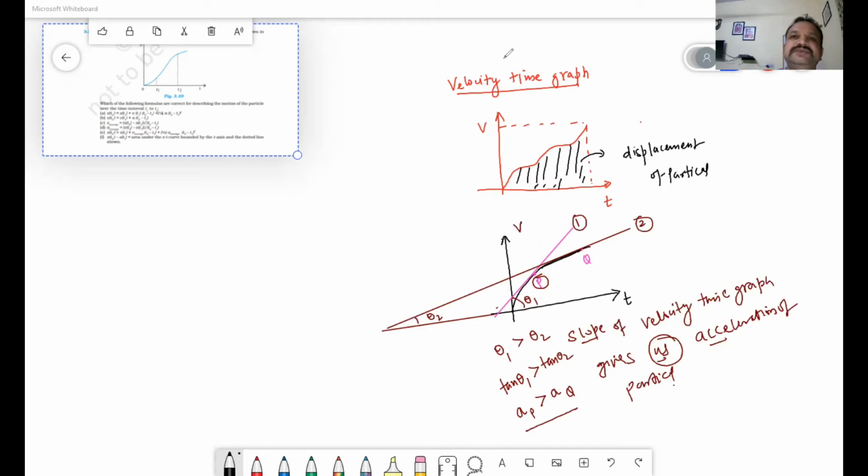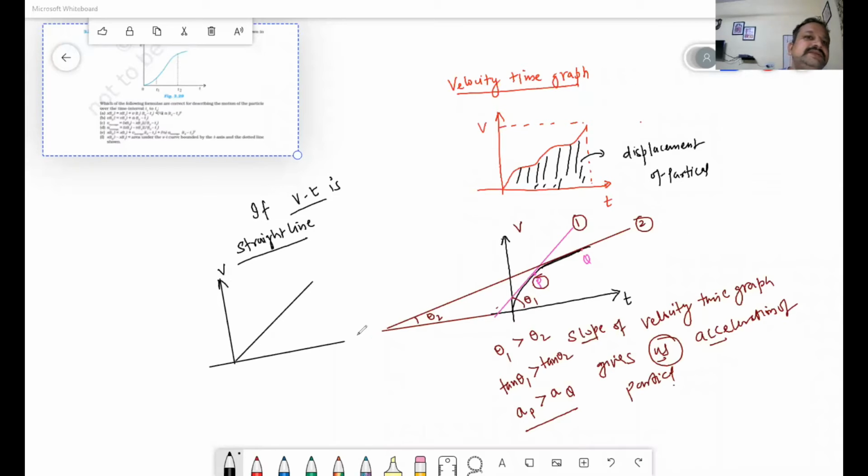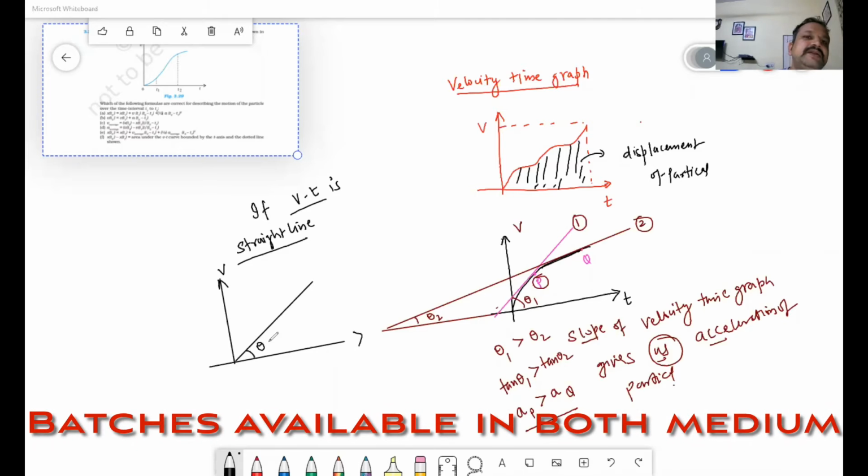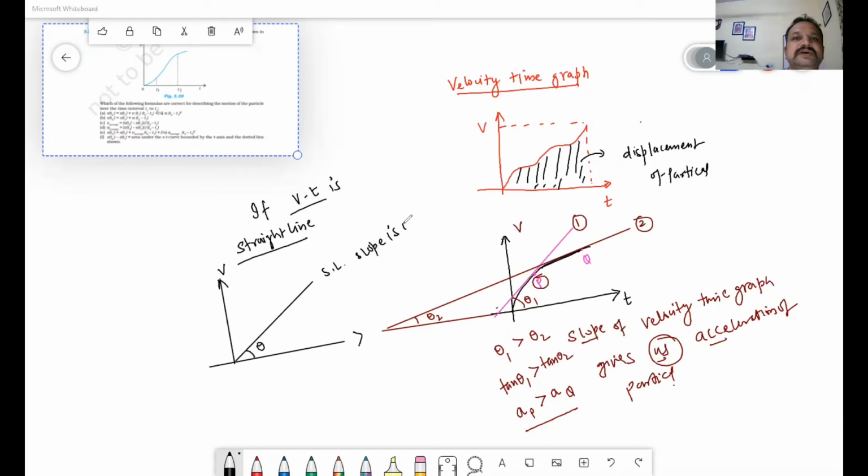Now comes the third point. If the velocity time graph is a straight line, okay, like this way, in this case we can say the slope of the straight line is constant.